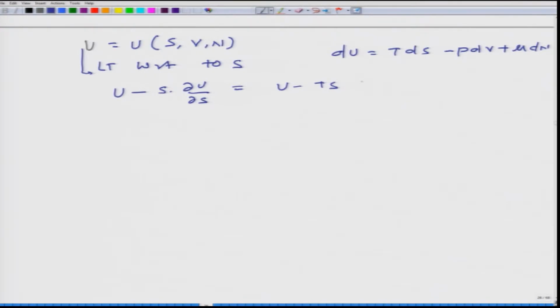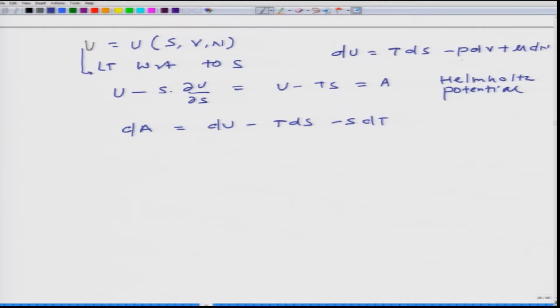Now we can define this as another function which we call A. A is what we call the Helmholtz potential or function. If we take the differential of this, dA is equal to dU minus T dS minus S dT.